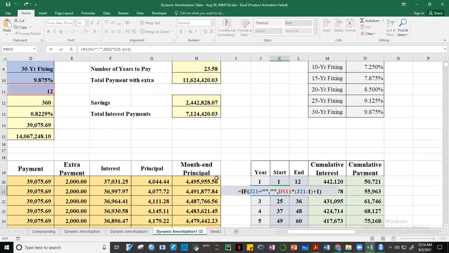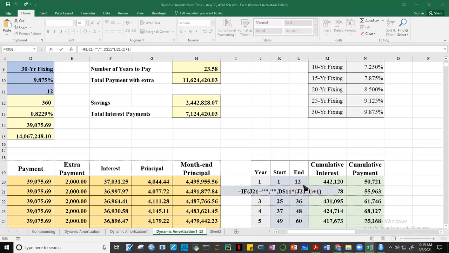So we'll do 12 times... what's J21? That's the year, 2. So this is 2 minus 1. This is the compounding 12 times 2 minus 1.